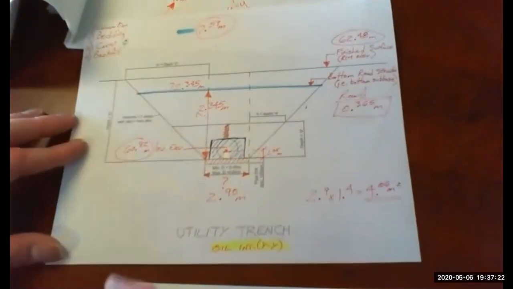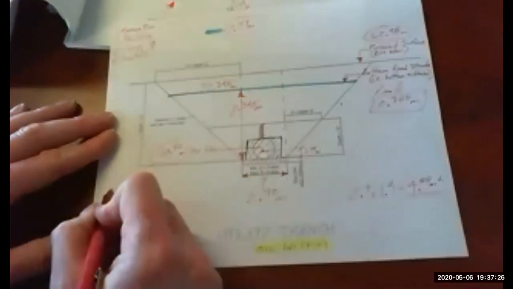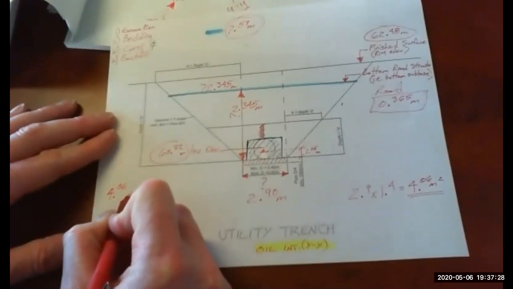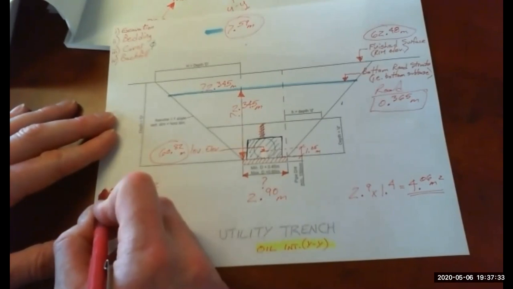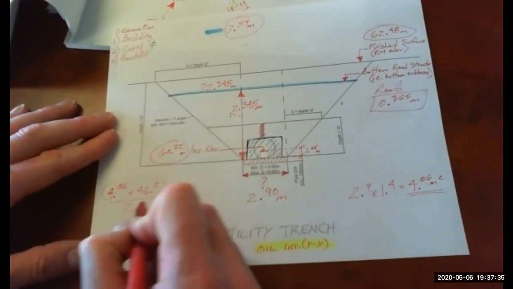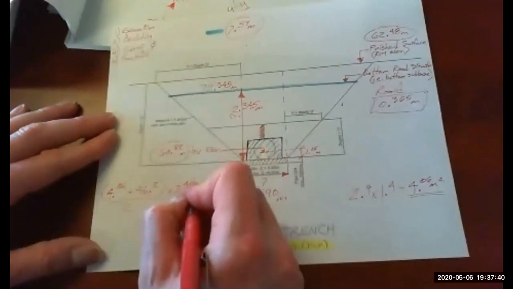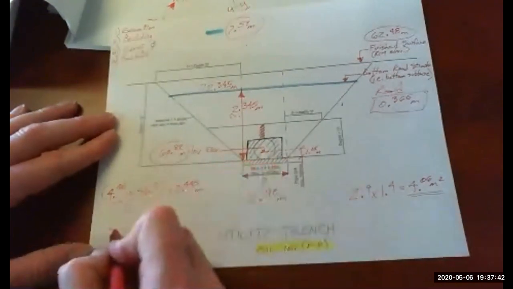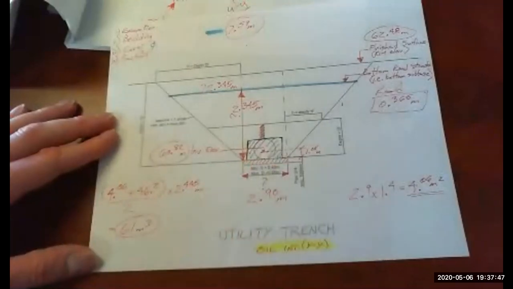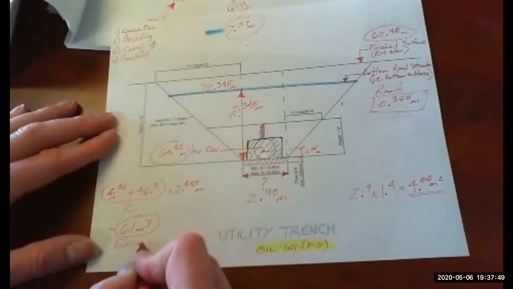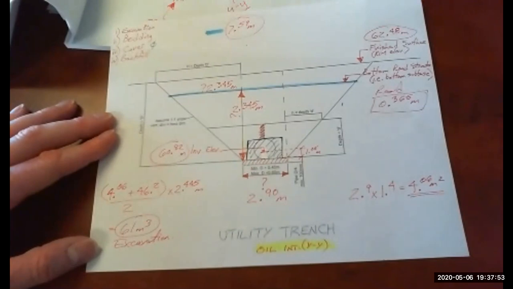So that gives you, let me just write it out here. So I did 4.06 plus 46.2 divided by 2 times 2.445 gives you about 61 cubic meters excavation for the oil interceptor.